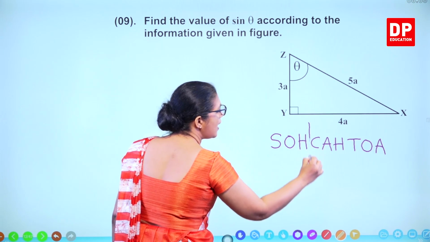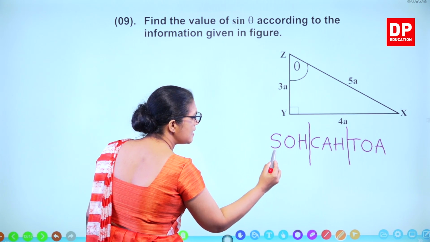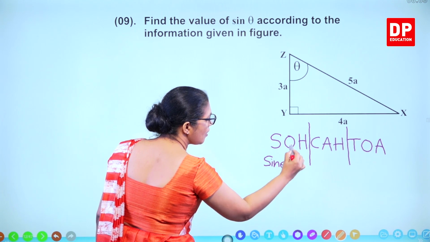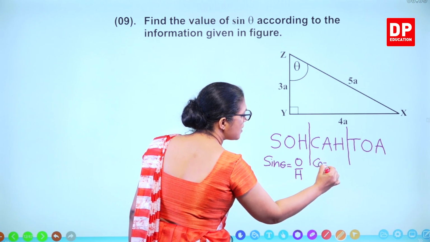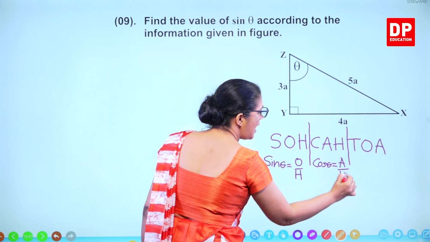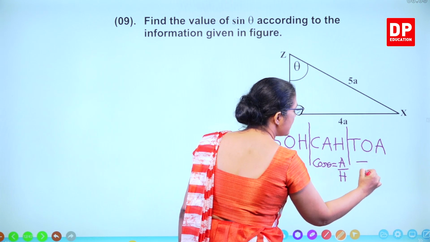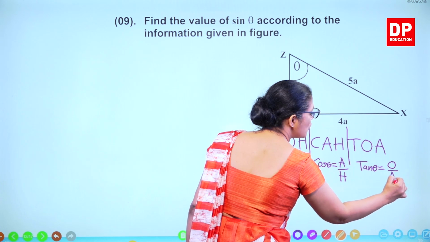When you divide into 3 letters like this, the sine ratio is equal to opposite over hypotenuse. The cosine ratio is adjacent over hypotenuse. And the tan ratio is opposite over adjacent.